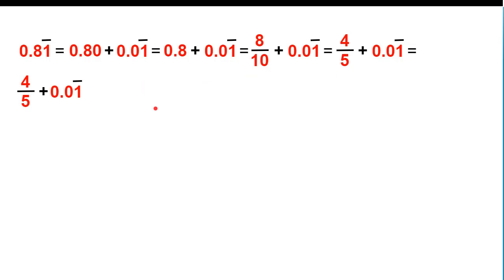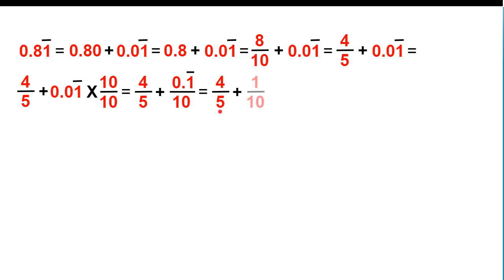And again, we do the trick of multiplying by 10 and dividing by 10. 0.01, where the 1 is recurring, becomes 0.1 recurring, divided by 10, which gives 4 over 5 plus 1 over 10 times 0.1.